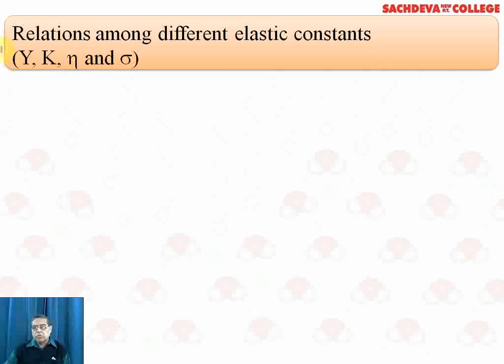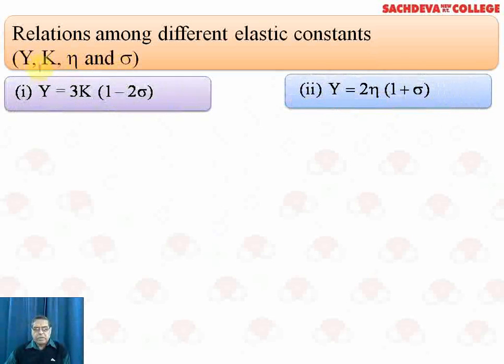Now we have to go through the relation between y, k, neta and sigma. Sigma stands for Poisson's ratio, neta stands for modulus of rigidity, k stands for bulk modulus, and y stands for the coefficient of Young's modulus.